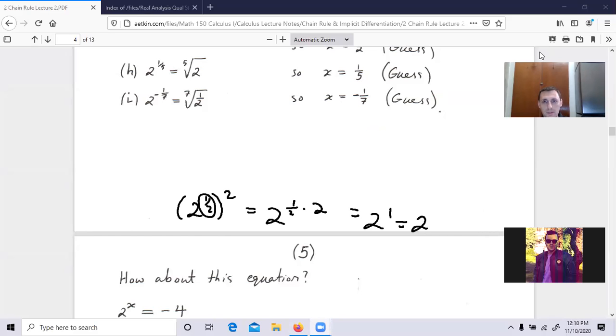So guys, what's going on with you? 2 to the x equals -4. What goes in your head?